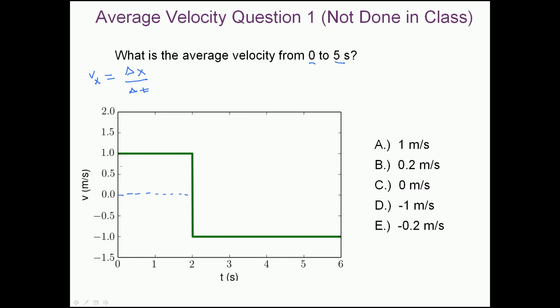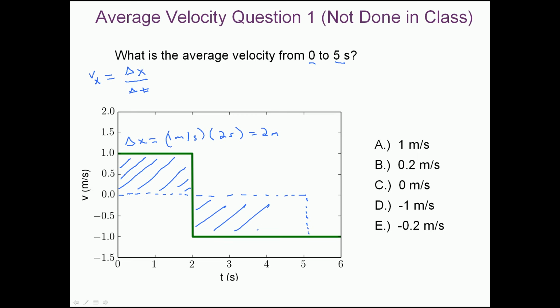So first I'll find the area for this part of the plot. So for this first part, I've got 1 meter per second times 2 seconds, which is 2 meters. For the second part, which will be from 2 seconds to 5 seconds, I have -1 meter per second, because that's the velocity down here, right?